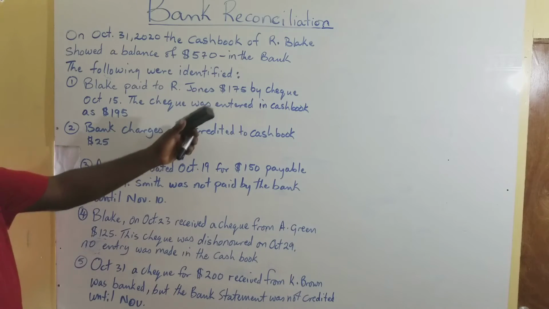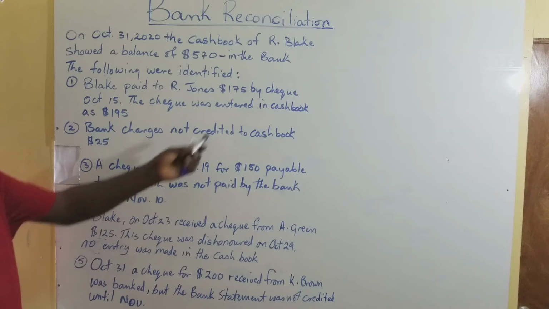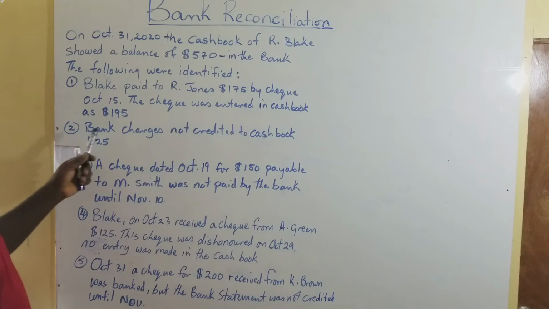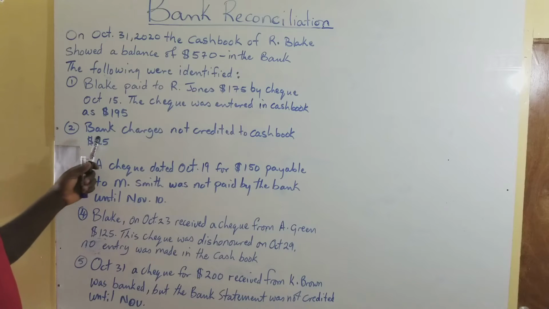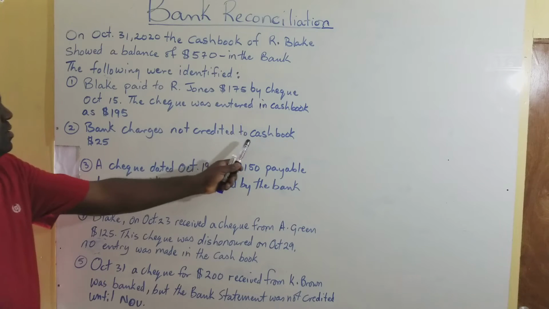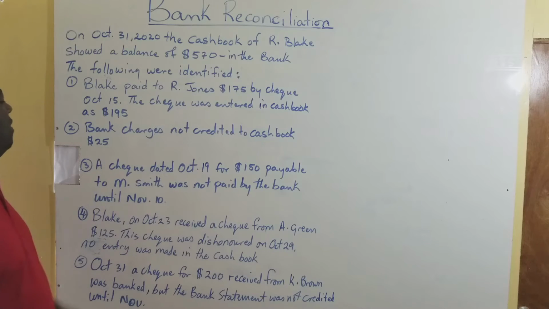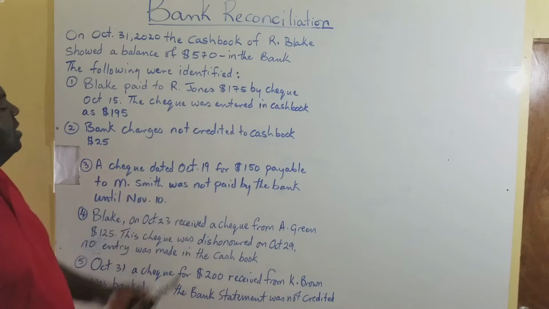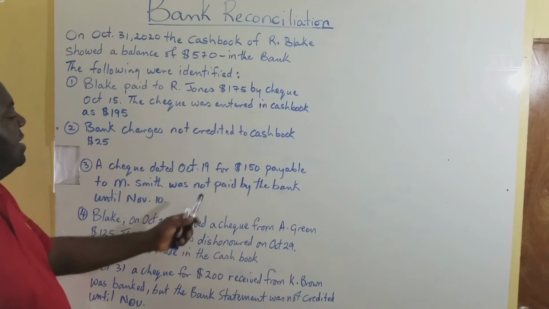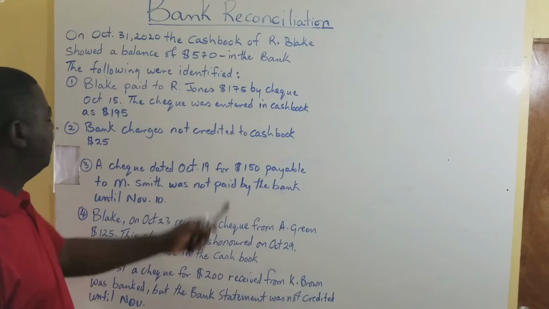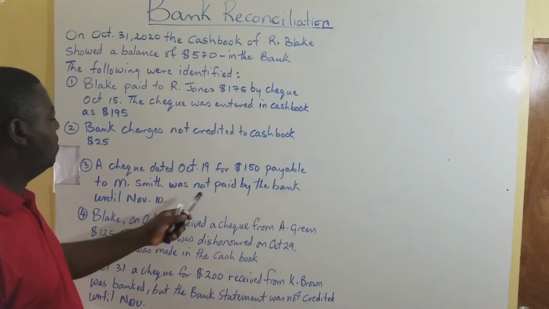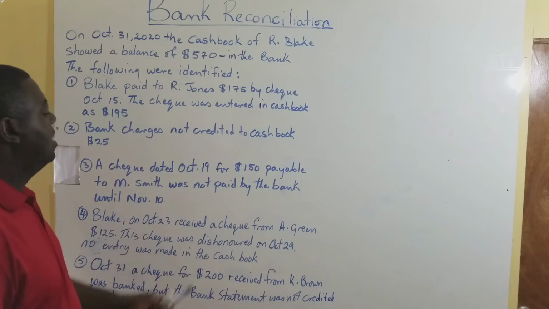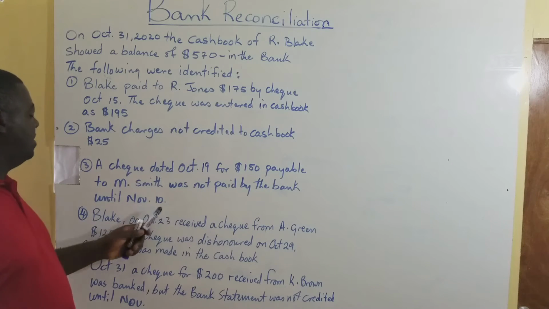The check was entered in the cash book as $195. 2. Bank charges not credited to the cash book of $25. 3. A check dated October 19 for $1,500 payable to M. Smith was not paid by the bank until November 10.